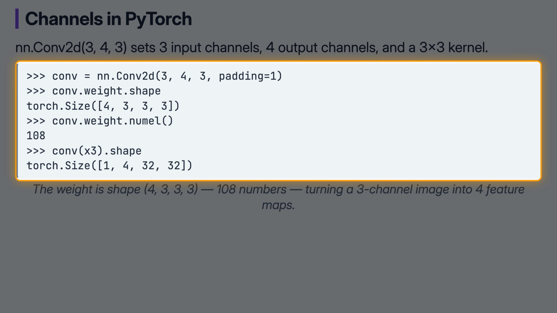That is 4 times 3 times 3 times 3, which is 108 numbers. And the output shape is 1, 4, 32, 32. The 3-channel image became 4 feature maps. It stayed 32 by 32 because padding is 1. Without it, a 3x3 kernel would shrink it to 30.